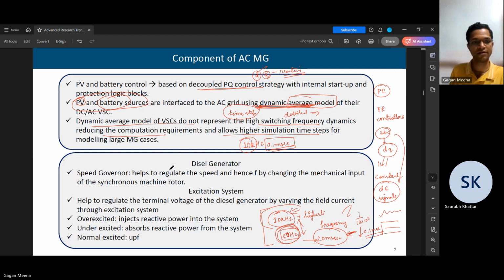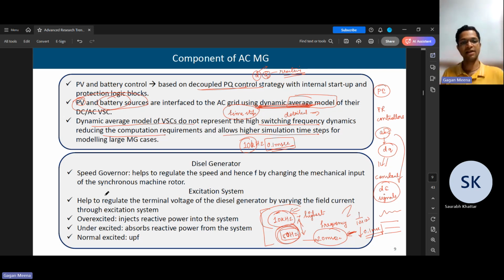Then the diesel generator, we have already seen that it has two controls, because in isolated mode we need to regulate both voltage and frequency, and for that the diesel generator has a speed governor and an excitation system. The speed governor is for regulating the frequency.